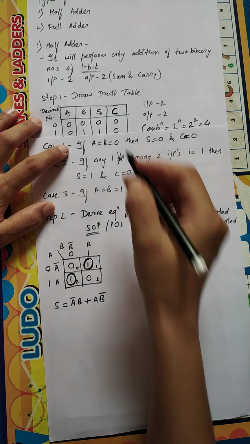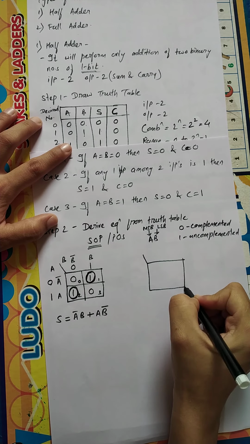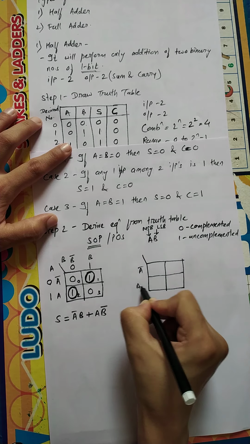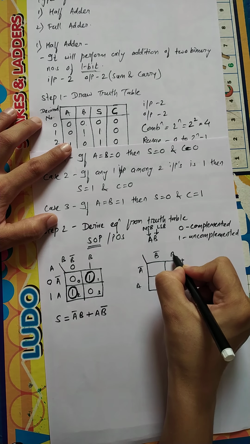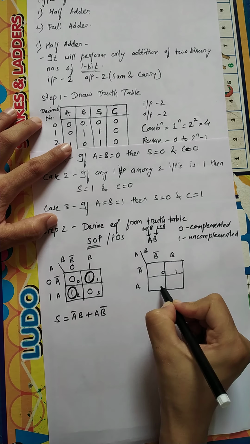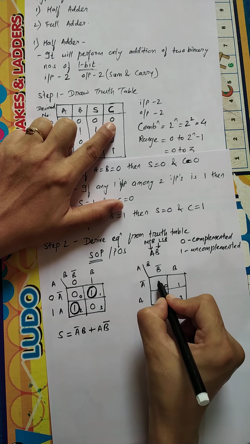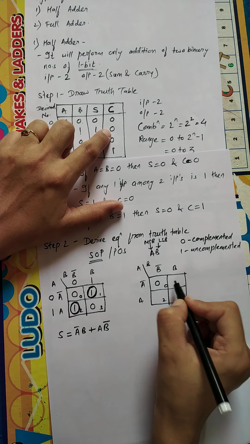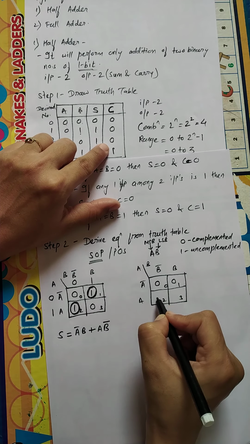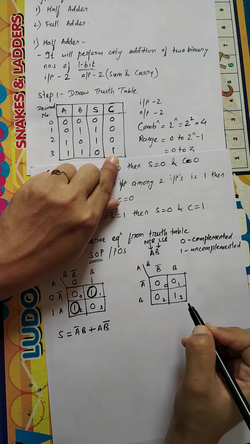Now for carry also I have to draw the K map. So I'll just draw a K map for carry, by applying all the rules of the SOP equation. Now this is 0 number, 1 number, 2 number and 3 number. Now 0 number output of carry will be mapped in 0 number box, 1 number output will be mapped in 1 number box, 2 number output will be mapped in 2 number box, and 3 number output will be mapped in 3 number box.